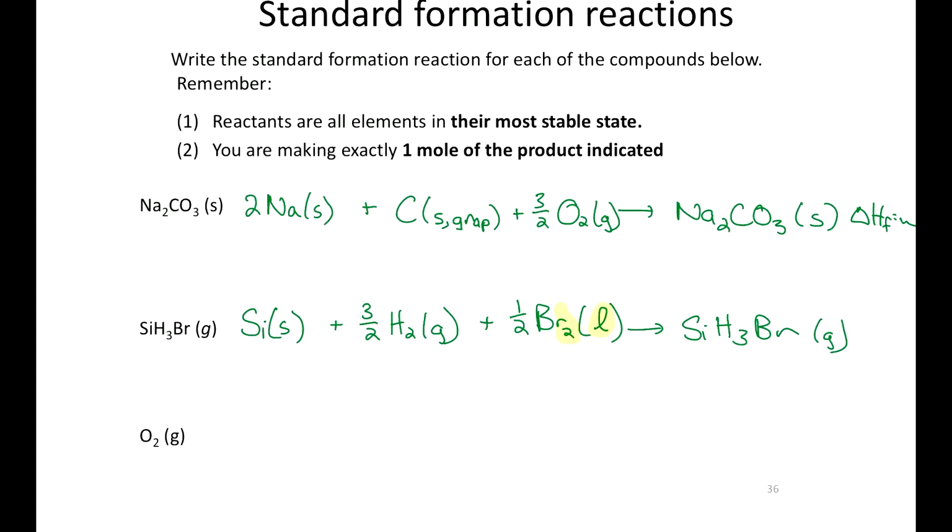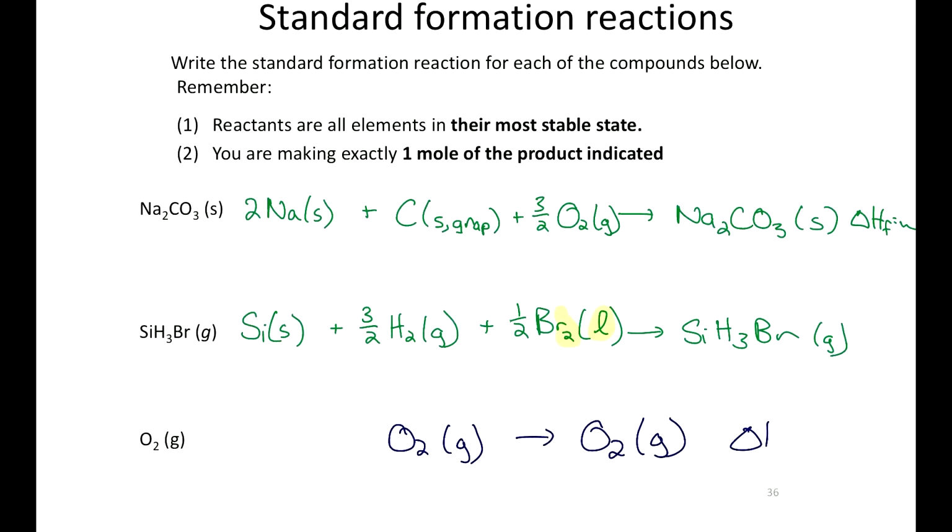All right, let's write O2. So what is the strategy? O2 is the product. Ask yourself, what is its elements in its most stable state? O2, interesting. So if you look up the formation value for O2, what number are you going to come across?